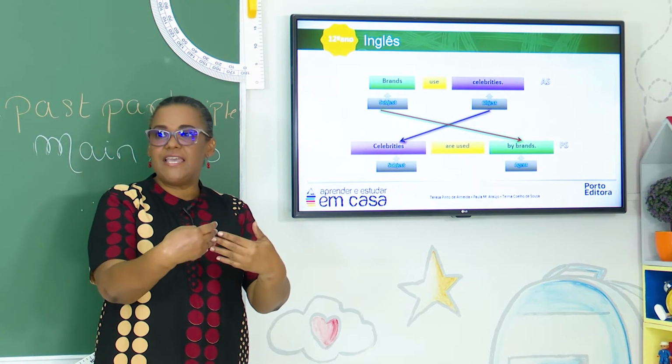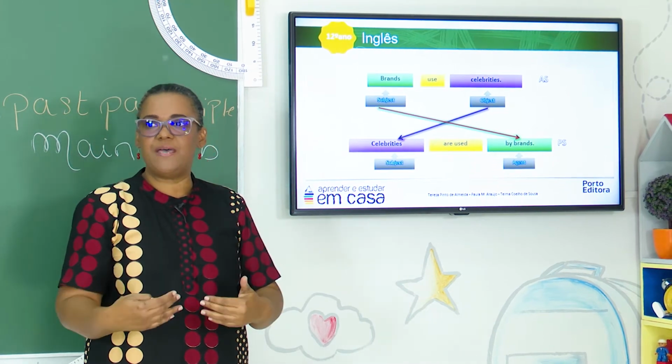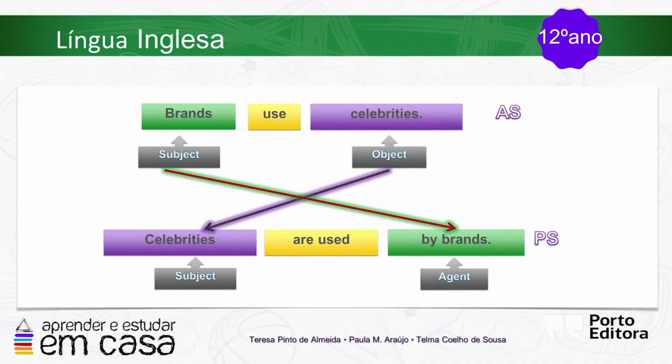But there are some changes that we have to make in passive voice. For example, the subject, brands, usually becomes the agent of the passive. And the object, meaning complemento, usually becomes the subject of the sentence in passive voice.